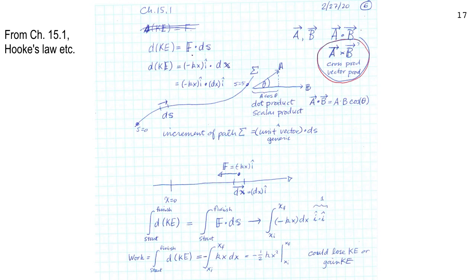All right, so that's ds, a small increment of the path sigma, and it's equal to a unit vector, which if you knew the equation of the path, you could figure it out. So I'll put a unit vector here with a little hat symbol over it, times a small increment ds. All right, we're going to do some calculus here, some integration, because the change in, let me write this equation again.